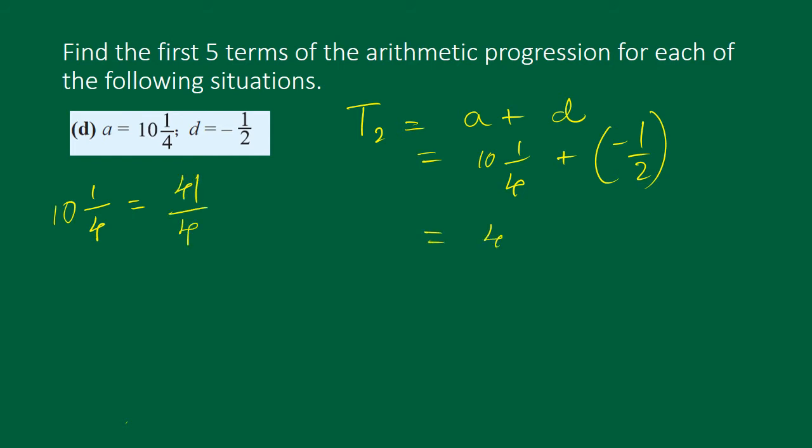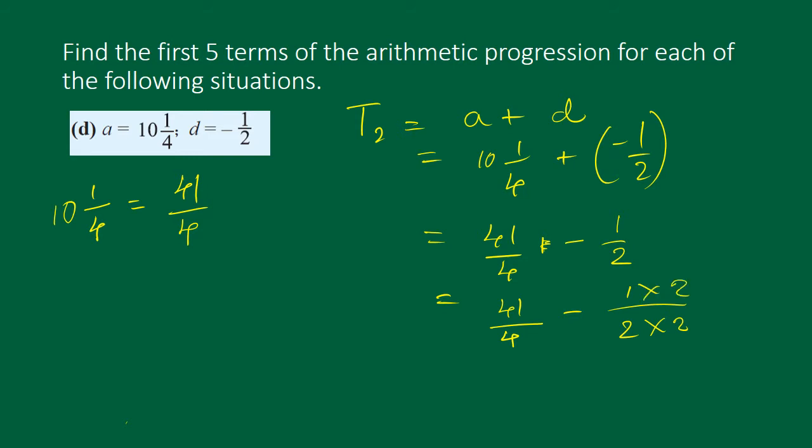That means 41 over 4 minus 1 over 2. Then you can get the common denominator, by 2 into 2 and 1 into 2.